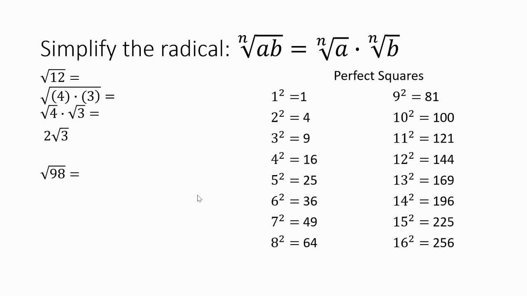The square root of 98. This is where you might want to mess around with your calculator and start plugging in some of the perfect squares and see what you can get. This is the same as 49 times 2, and I can split that up into the square root of 49 times the square root of 2. My answer is 7 root 2.